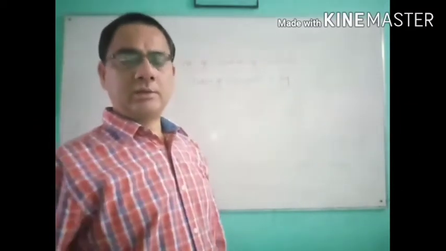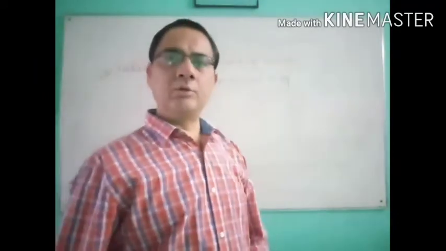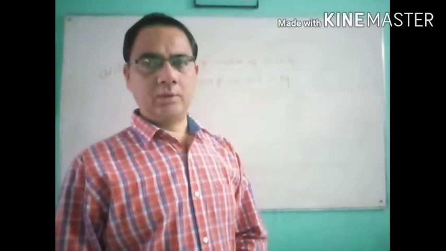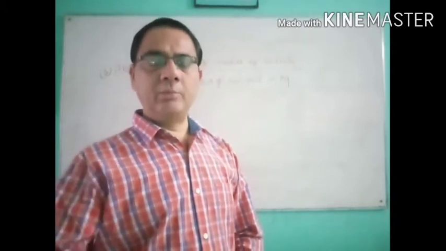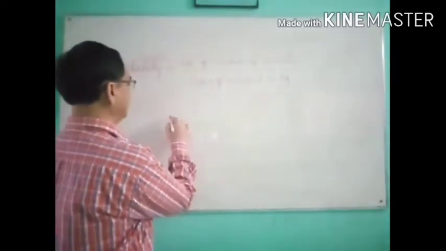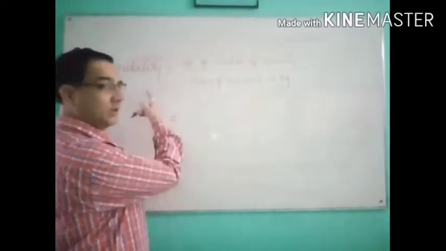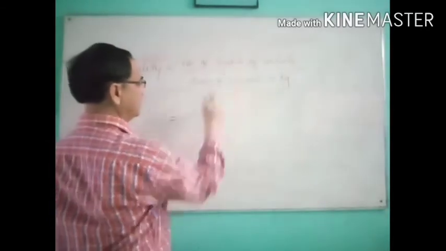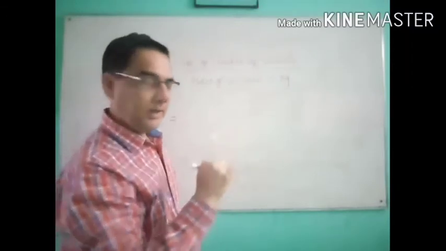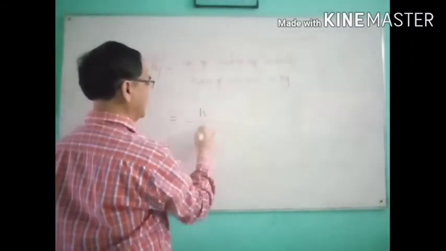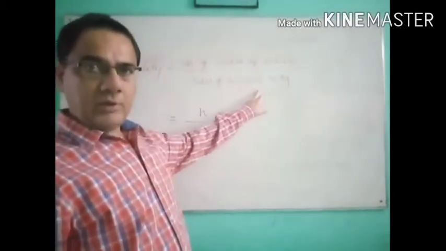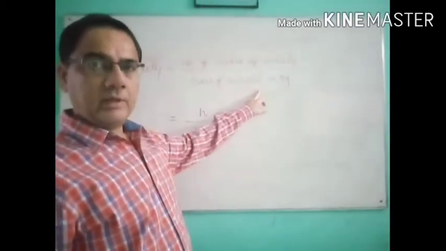And again, just now I told you the number of moles is equal to mass of the solute upon molar mass of the solute. And n is equal to W upon M. So in the overall formula of the molality, number of moles is n, and n is equal to W upon M. Mass of solvent, that we denote by WA.